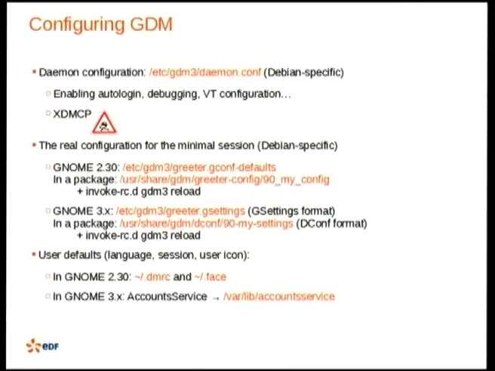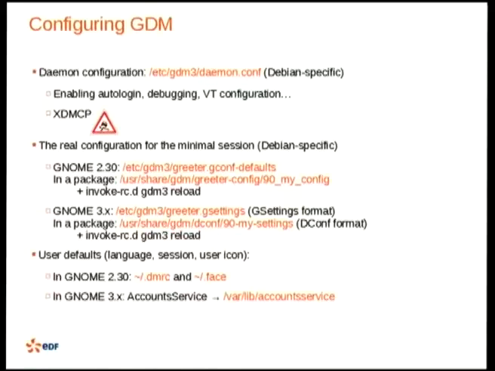You can enable debugging. You can enable XDMCP, although it is very slippery, so don't do that unless you really know what you are doing. Don't do that on untrusted networks. Really, really, please. Never. But the real configuration is for stuff that is run inside the minimal session.